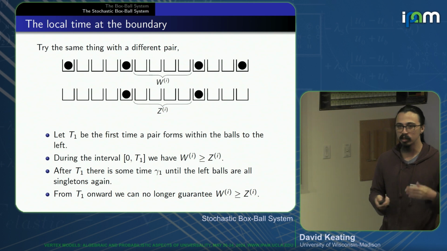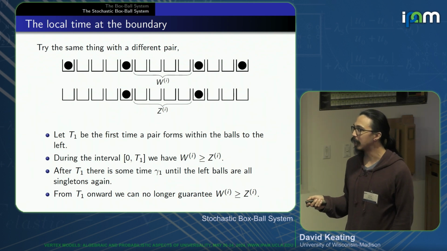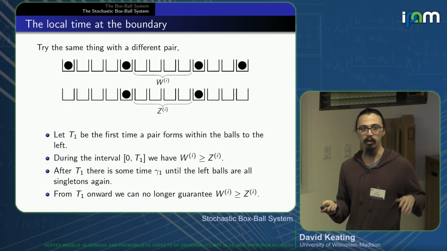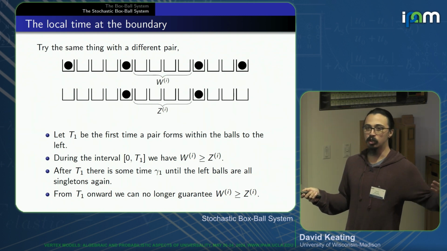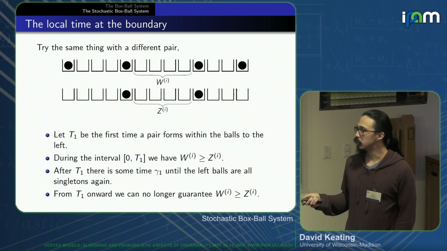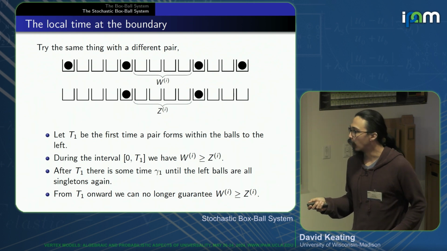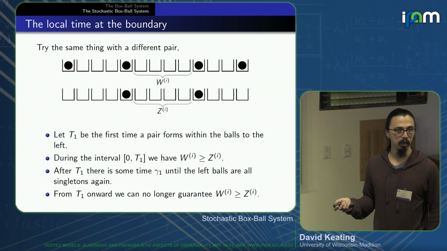So to do this, we'll break this walk up into pieces. So we'll look at first the time the first pair on the left forms. So if there are no pairs on the left of this ball, then it's getting no influence from the left. So by the same arguments as before, Wi is going to be greater than or equal to Zi. But after some pairs form with these left balls, these could speed up and this distance could close quickly. So after time T1, I can no longer guarantee I have this domination.